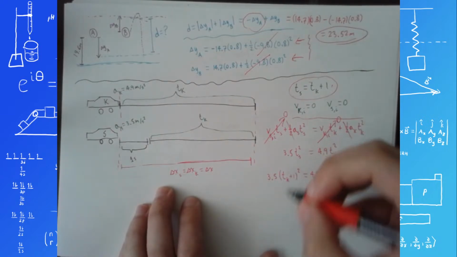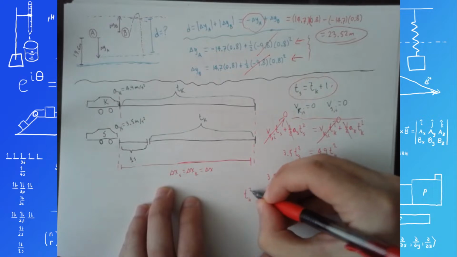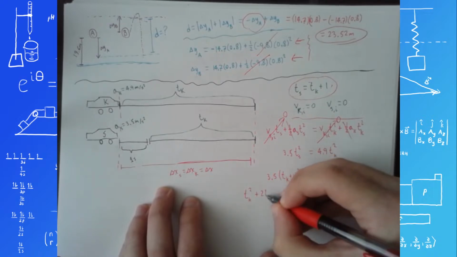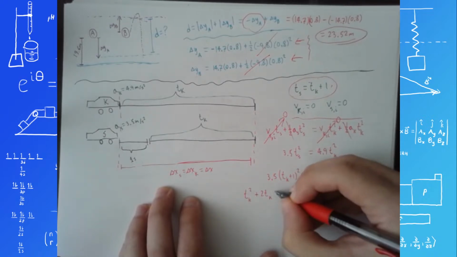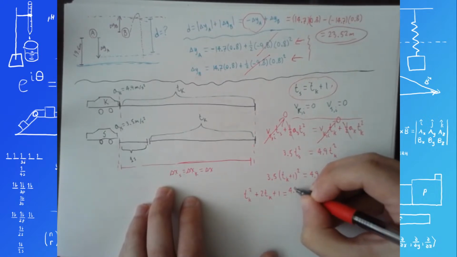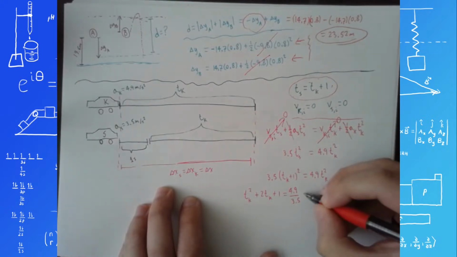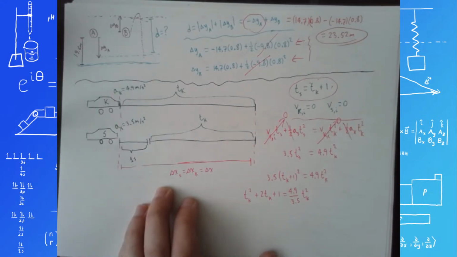Then I get t Kathy squared plus 2t Kathy plus 1 equals 4.9 over 3.5 t Kathy squared.